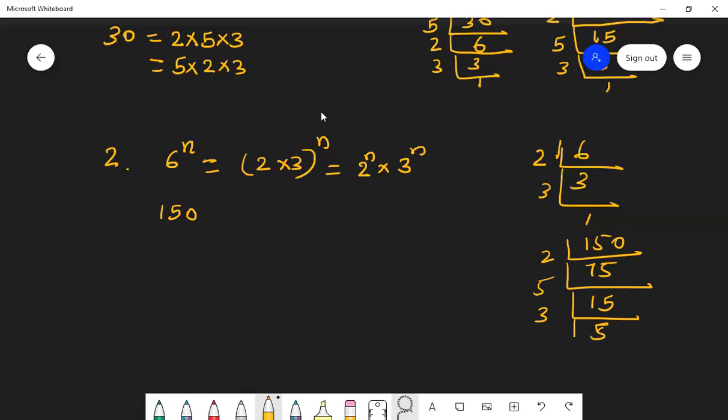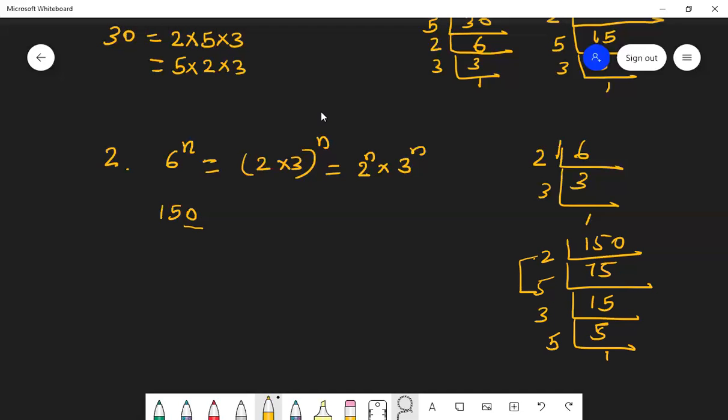And by 5 if you divide, you will get 1. You can see the prime factorization of 150 is 2 into 5 into 3 into 5. 2 and 5 are factors, so it will end with 0. The numbers I took for showing the prime factorization end with 0 and will have the factors 2 and 5.